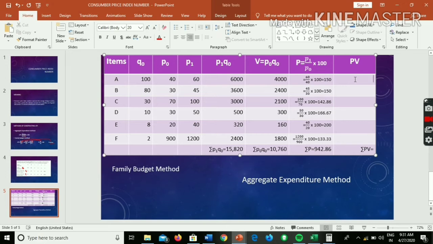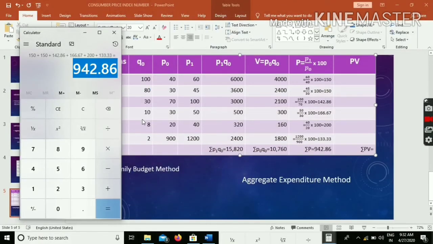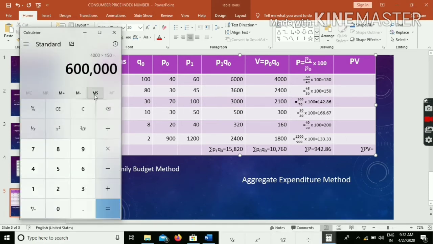So next, PV, that is price relative into value, that is these two columns. So 4000 multiplied by 150 is 6 lakh.